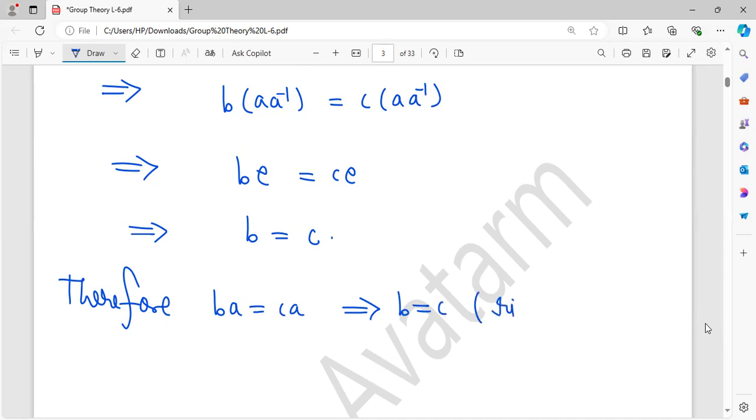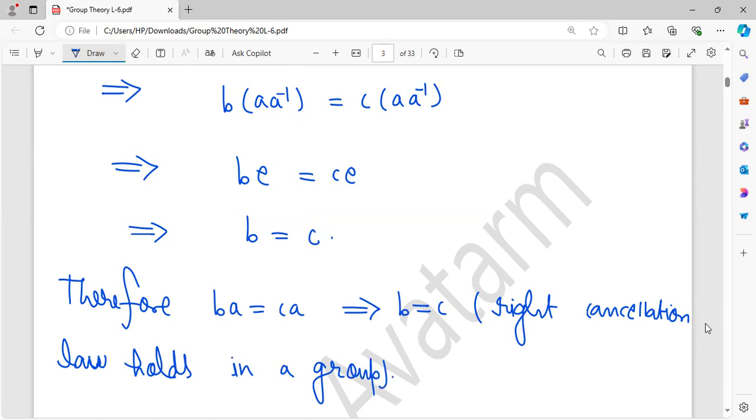So right cancellation law holds in a group.